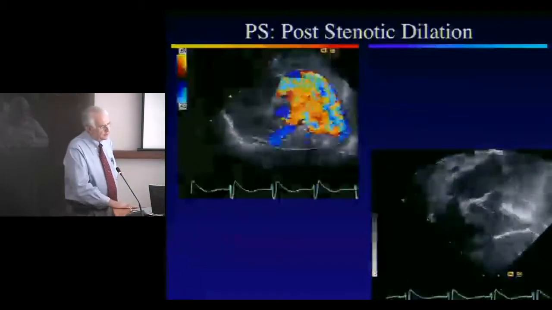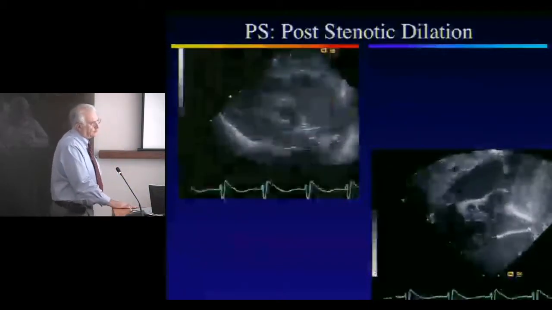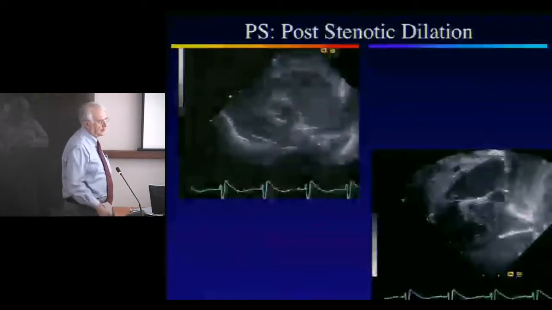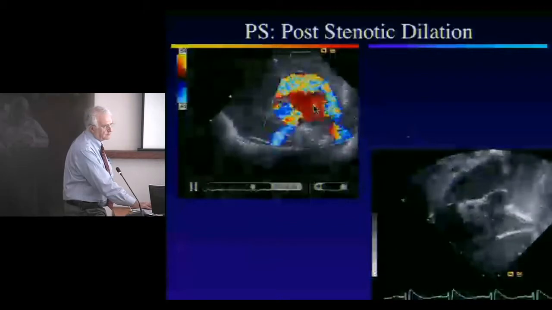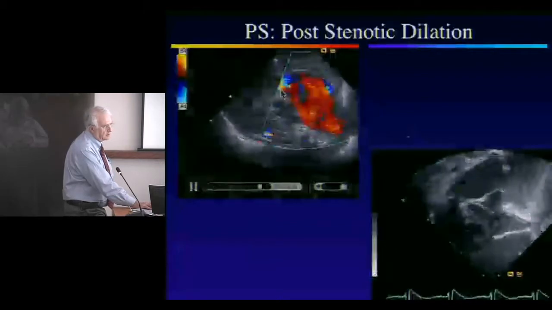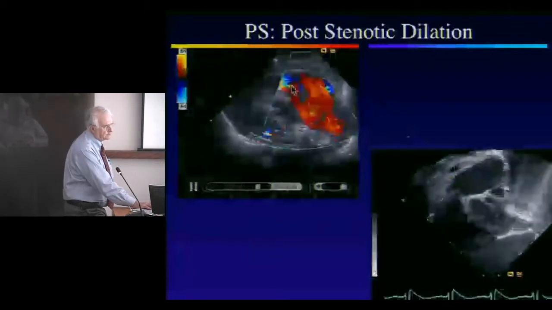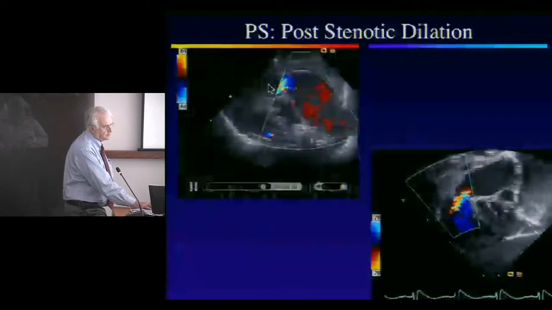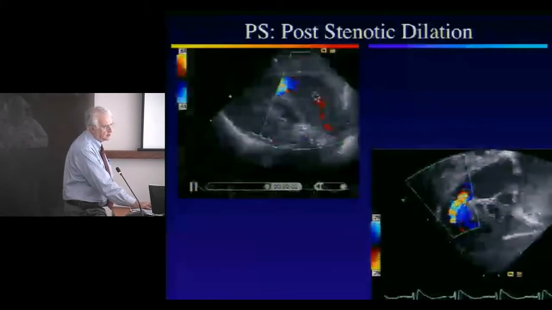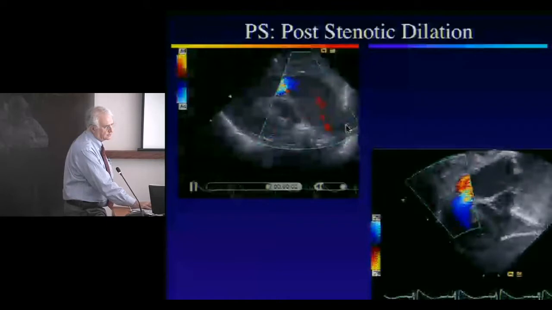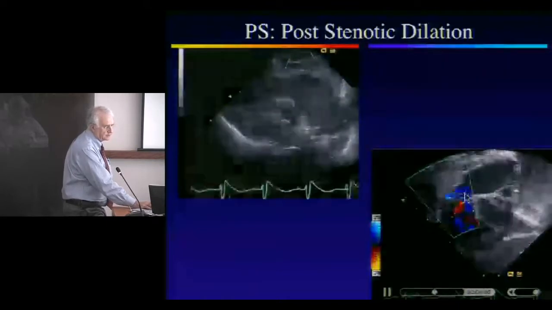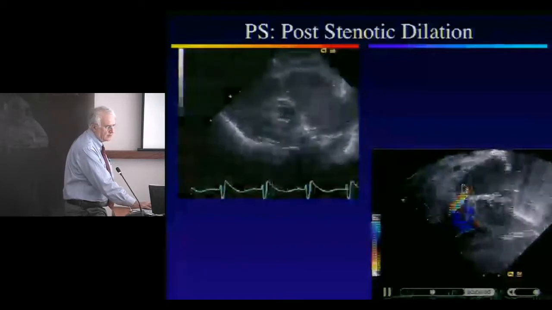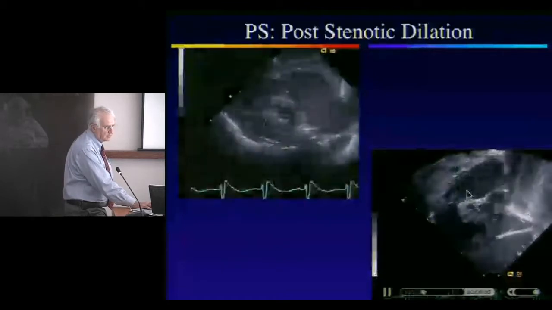Another feature that we see with all stenotic valves is a post-stenotic dilatation of the main pulmonary artery, I think seen very nicely here. Really, if you see the valve annulus here, which is small, there's some subvalvular hypertrophy. You can see the jet striking this dilated area of the valve there, and really quite a substantial degree of enlargement of the main pulmonary artery.